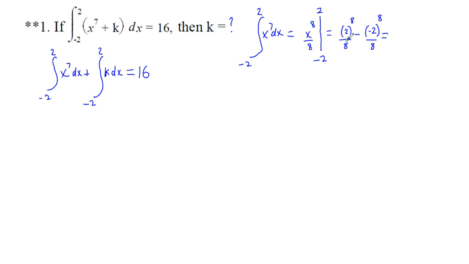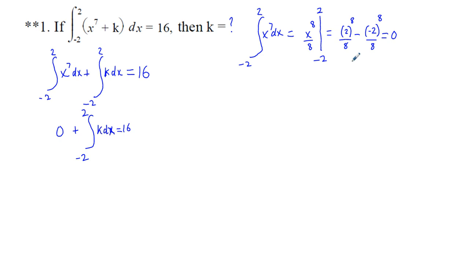So you're going to have one quantity minus that same quantity, or 0. So now we know that this value here is 0. So now we have 0 plus the integral from negative 2 to 2 of k dx is equal to 16.